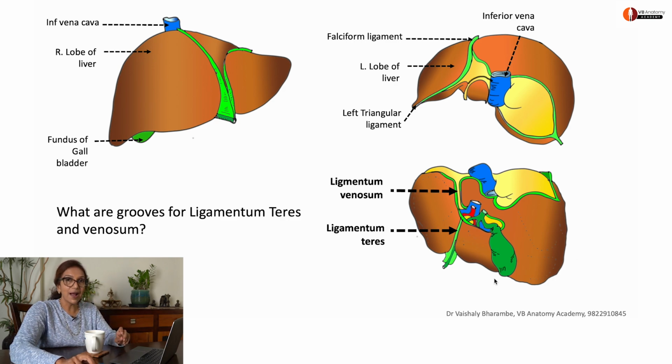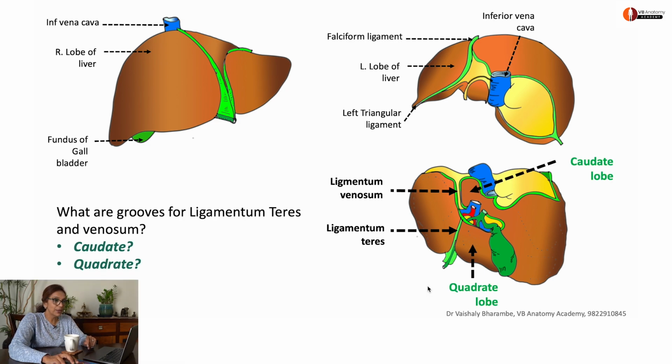So you can see a rather large right lobe and rather small left lobe. What are these other small bits? The lobes that are now defined from posterior surface are the caudate lobe and the quadrate lobe, which in anatomical separation belong to the right lobe.